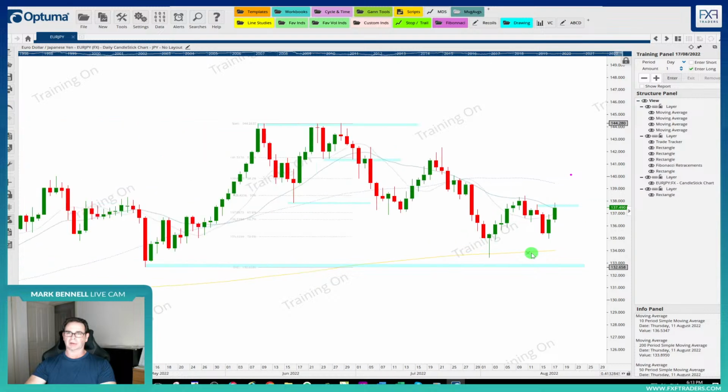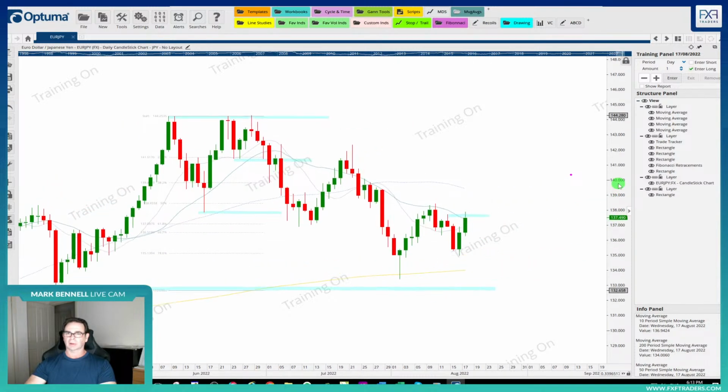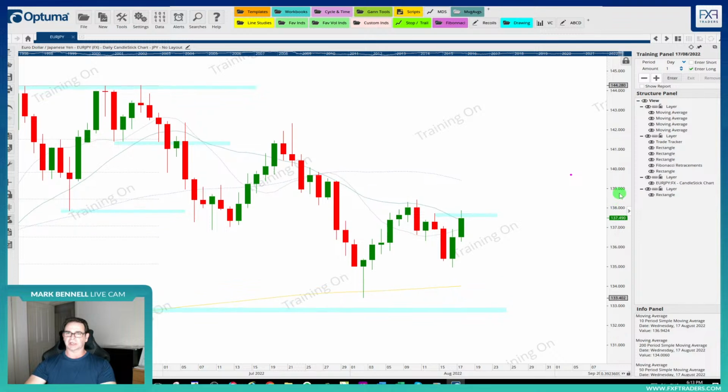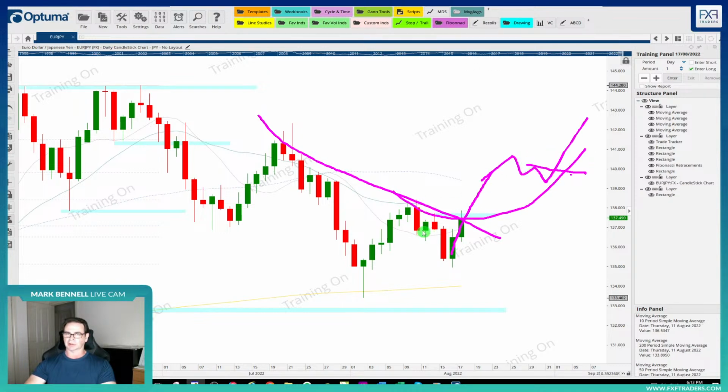Let's flick back to the... So I would need to see price above. So we've got actually an ABC here. I want to see price above here. It's not really one that I would take because we're actually in that bearish situation. We'd need to see a price above the 20 and an ABC in this direction. So I wouldn't be taking it through there.